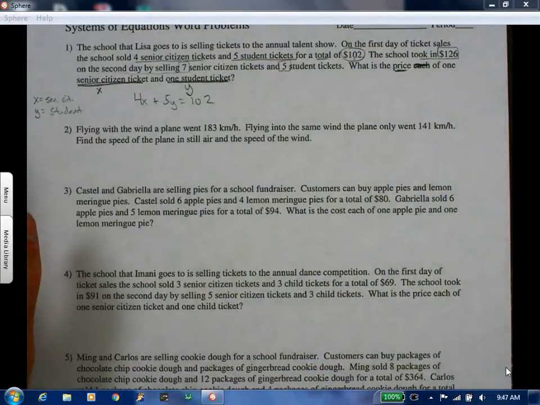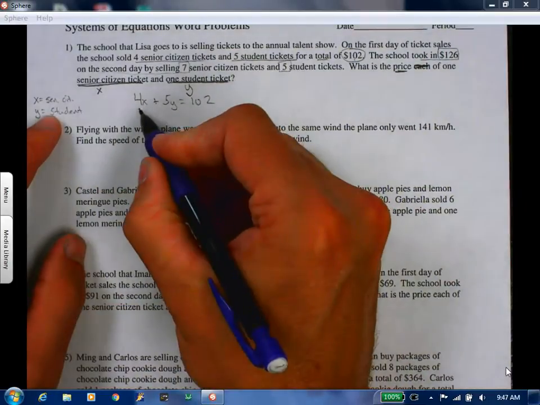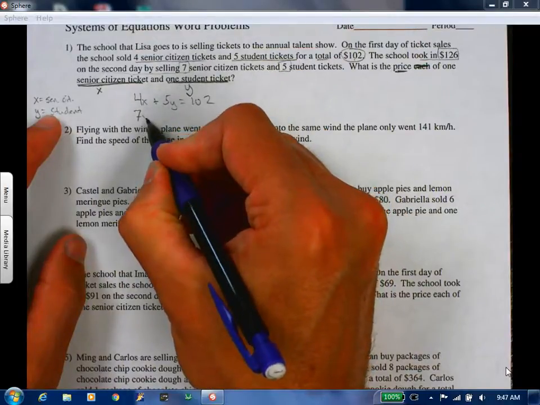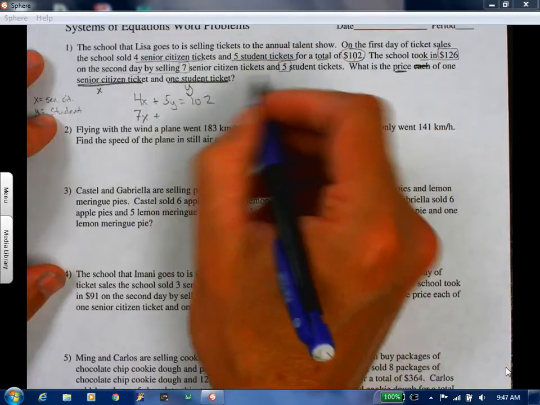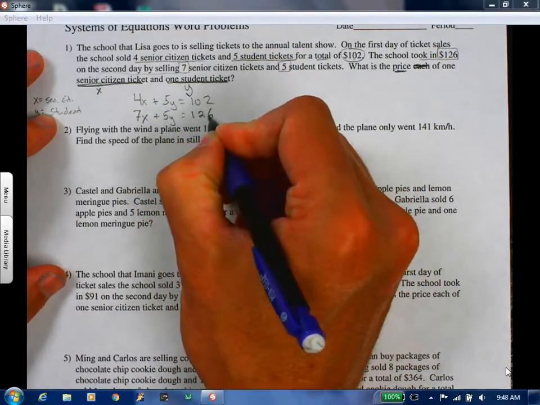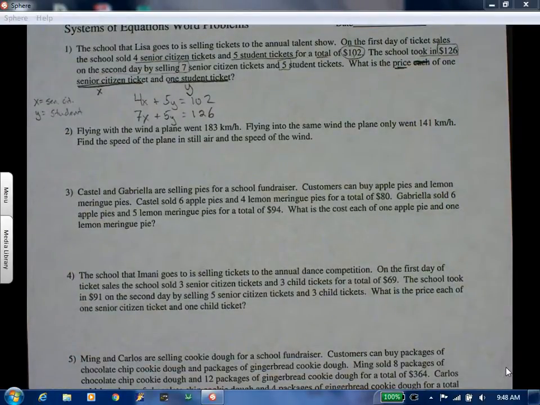So 7 senior citizens would be 7X plus 5Y equals 126. Does that make sense, where all the numbers came from?